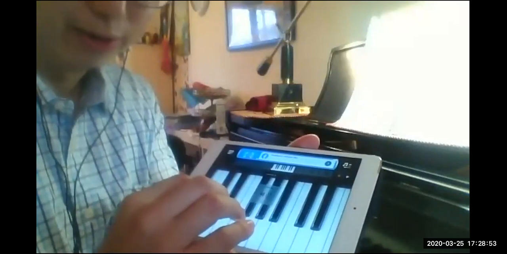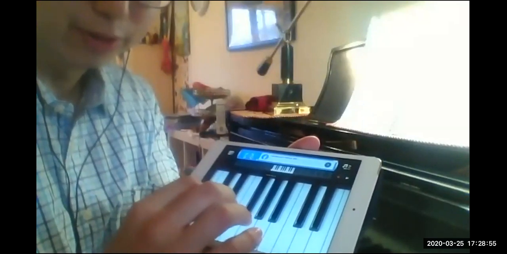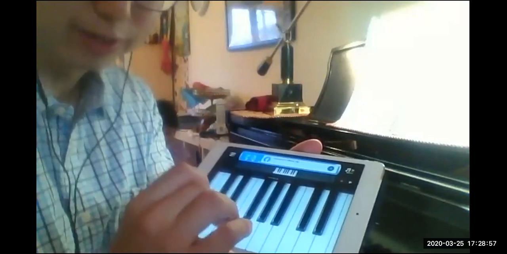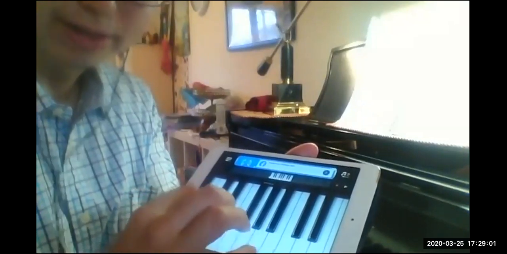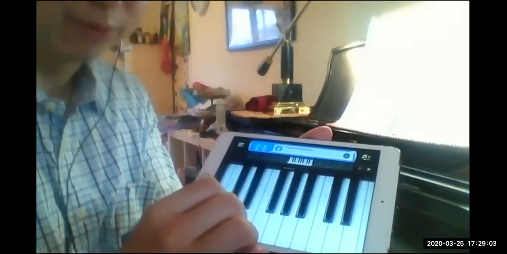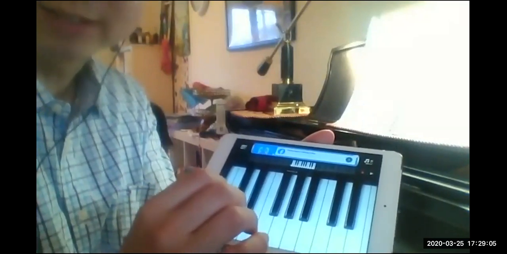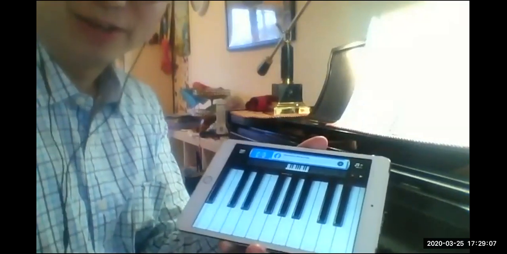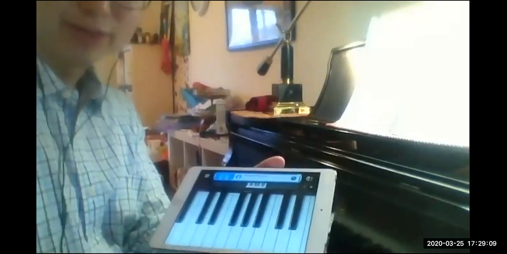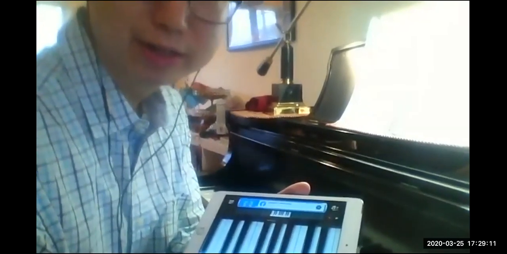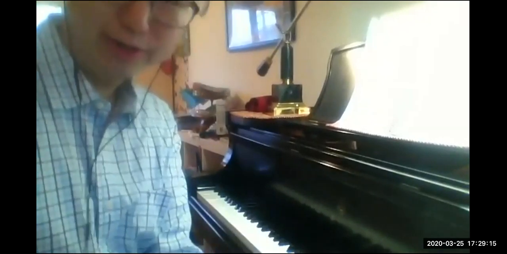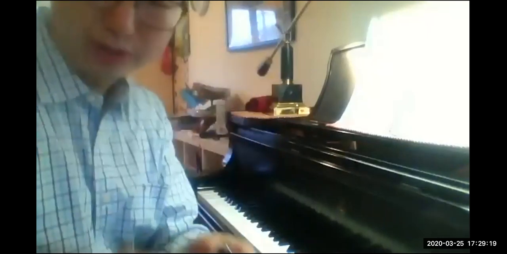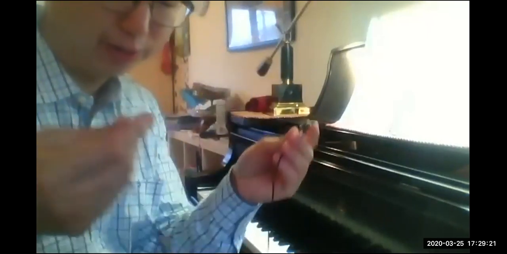You can learn and play music with this kind of device. I'm just now playing the C major pentascale. So class material will be shared online. Once the class is done, I'm going to share it with you.